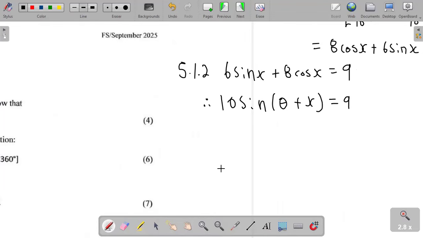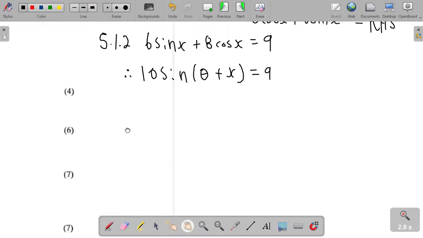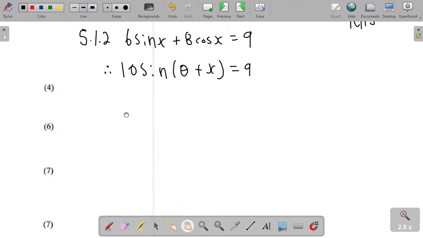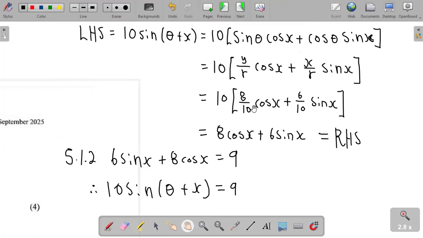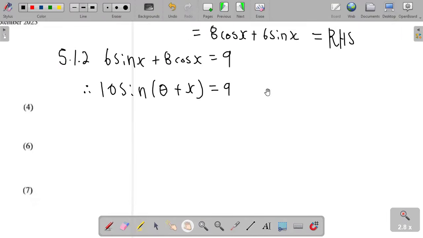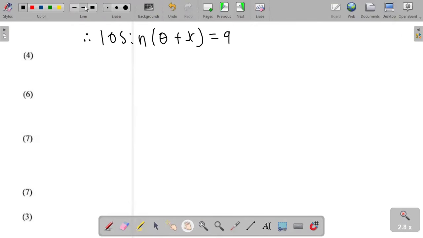But then we can find theta, isn't it? We can find theta, because we know that sin θ equals 8 over 10, or we can say cos θ equals 6 over 10.